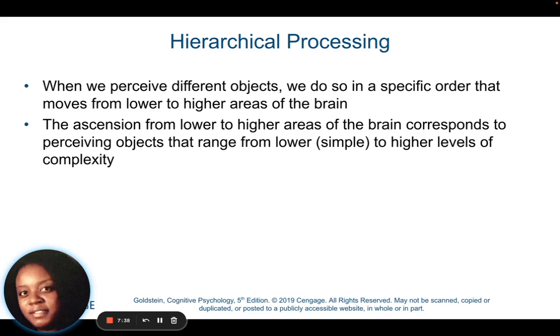When that movement from lower to higher areas occurs, it corresponds to our ability to perceive objects from simple to higher levels of complexity. So this idea of hierarchical processing says that when we perceive something, we do so from lower levels to higher levels in the brain.